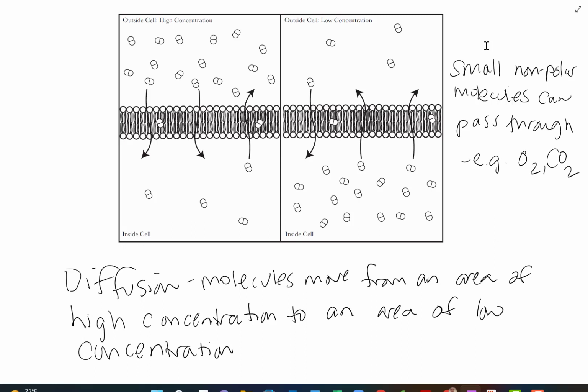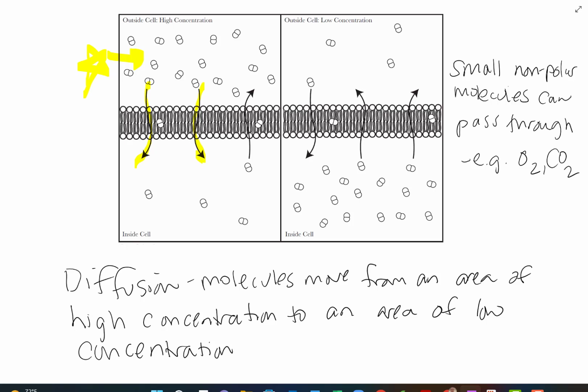If you see in our first picture here, we have a high concentration of molecules on this side of the cell membrane, and there's a lower concentration of molecules inside the cell. So they are going to diffuse. We're going to have a net diffusion into the cell.